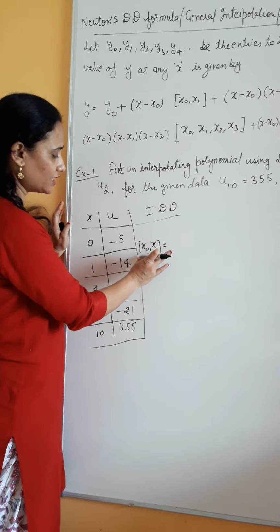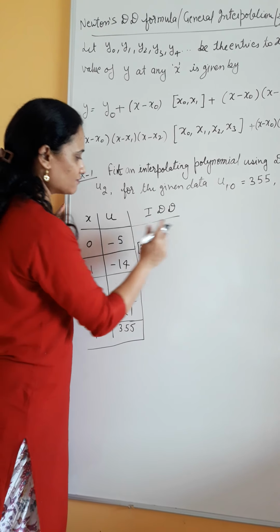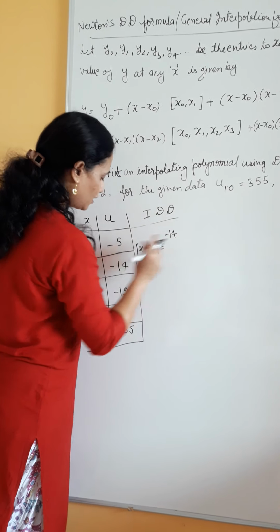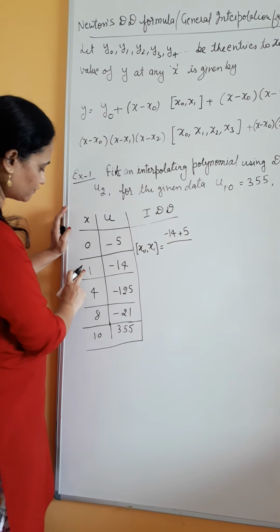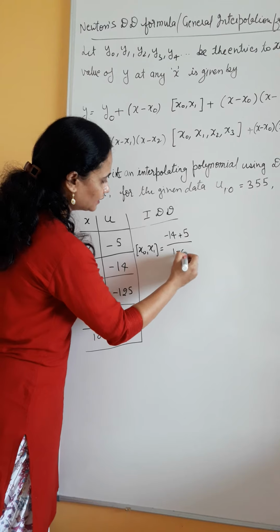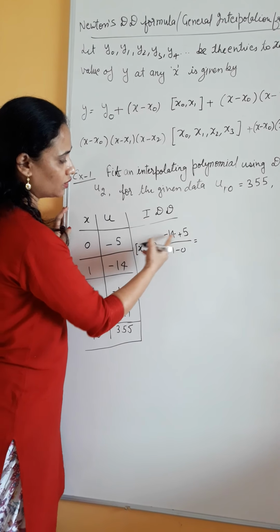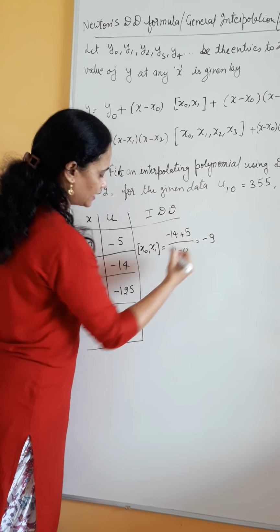What is the first difference? That is y1 minus y0. So -14 minus 5... -14 minus (-5) makes it +5... divided by x1 minus x0, 1 minus 0. This is equal to 9 by 1, so -9.